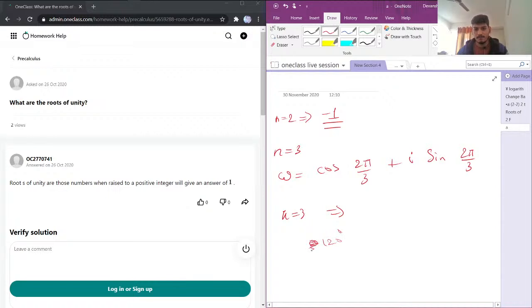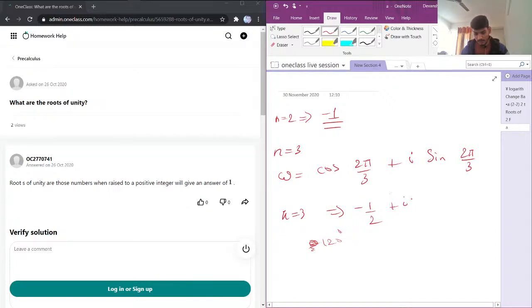Cos of 120 degree is negative of 1 by 2, and sine of 120 is root 3 by 2.